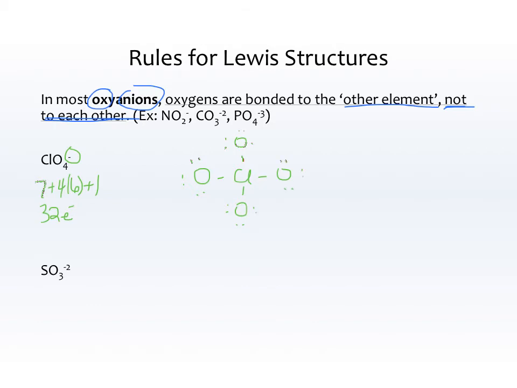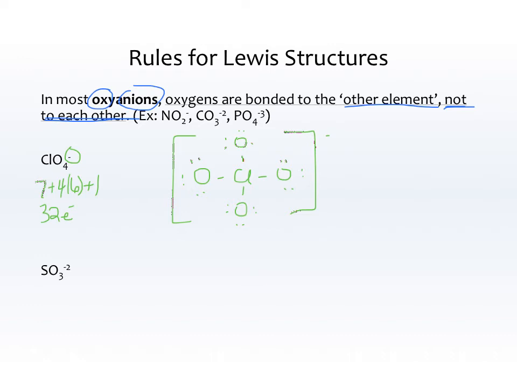And then we're going to count. That's 8, 16, 24, 32, which is totally correct. The only thing here that we need to add, because this is an anion, is the overall charge. We need to show that by putting the molecule in a bracket and putting a big negative sign next to it, saying overall this thing will have a -1 charge.